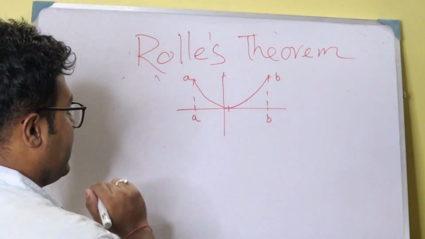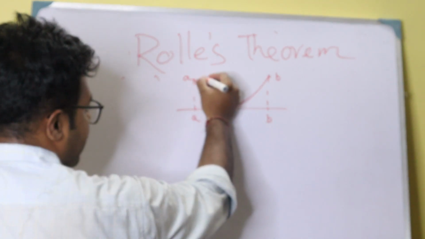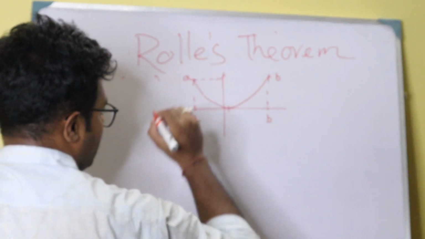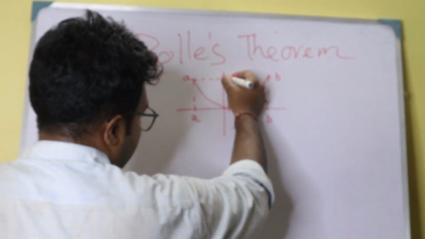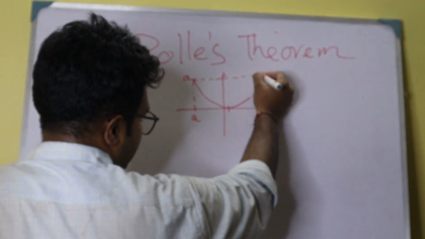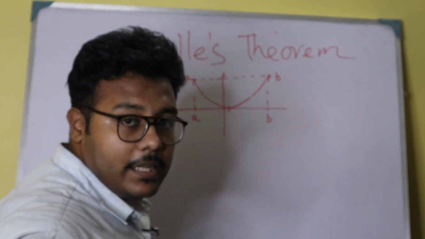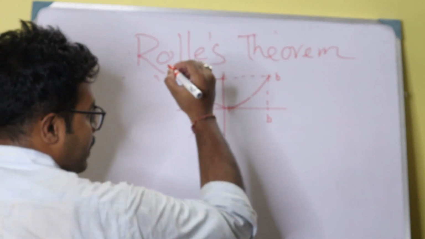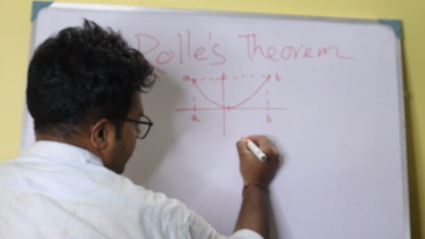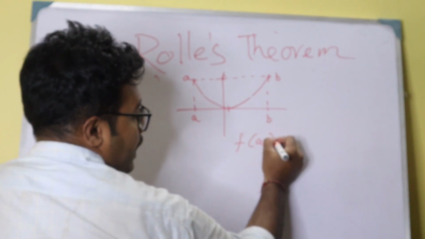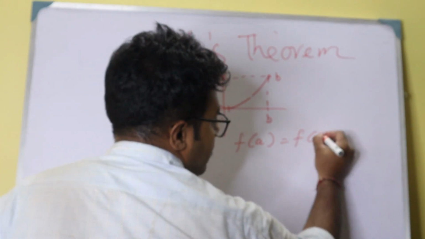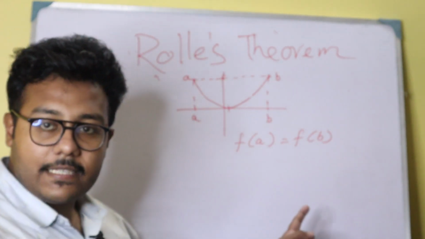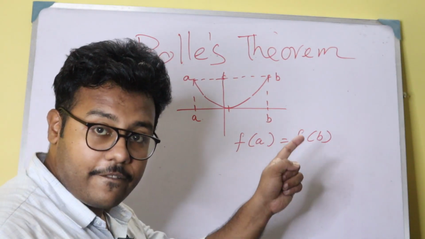And see, what is the value here? This value and this value, these two values are equal. So we can say that f(a) is equal to f(b). We can write this from this graph.